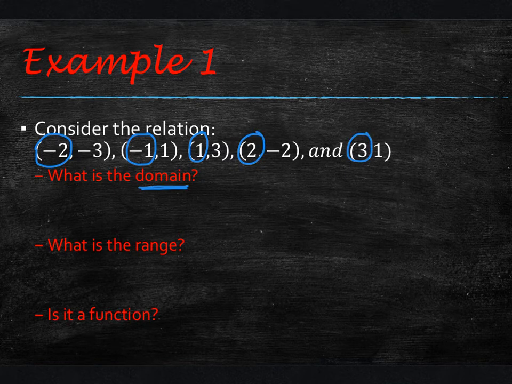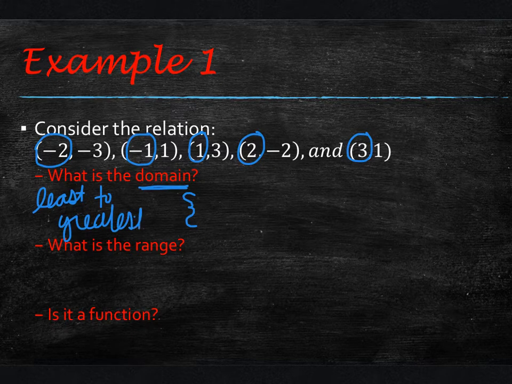Now, when we list them, we use curly braces, and we list them in order from least to greatest. So the lowest value is -2. Then we'd have -1. Then we have 1, 2, and 3. So this is our domain.